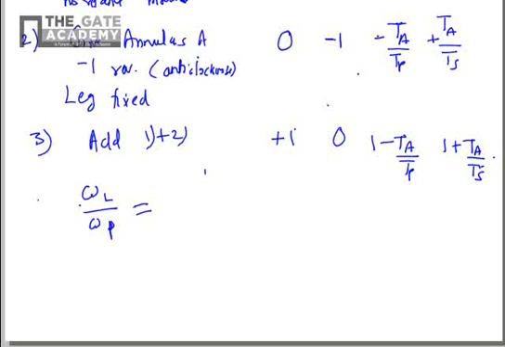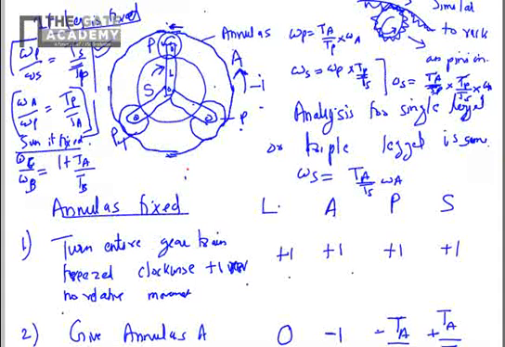as +1 is moment of L divided by moment of P, the planetary gear, that is 1 minus Ta by Tp. Similarly, if you want omega L by omega S, the ratio of leg and the sun velocity, remember in this case, when the annulus is fixed, the sun is rotating in a clockwise fashion or anti-clockwise fashion depending on the angular velocity of the leg.